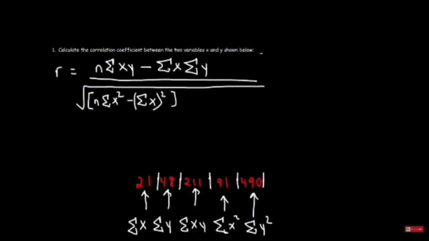So be careful with that difference. And then it's going to be n times the sum of the y squared values minus the sum of the y values and then squared.